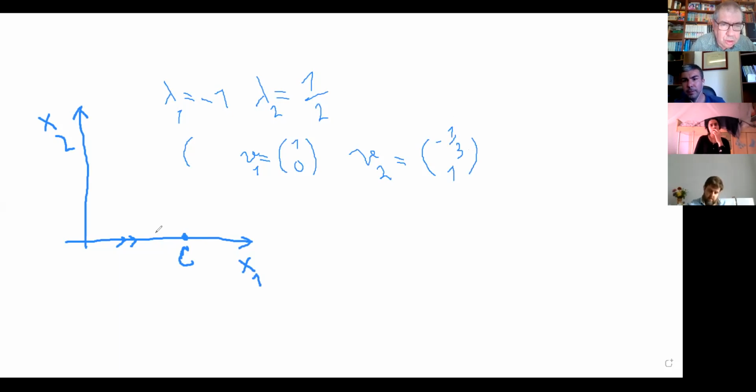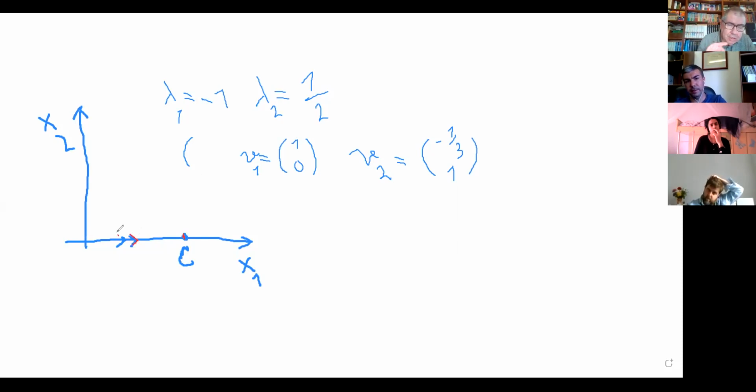Let's try to use a different color to mark the directions of the eigenvectors. So the vector 1, 0 means x1 is 1 here, and the zero.